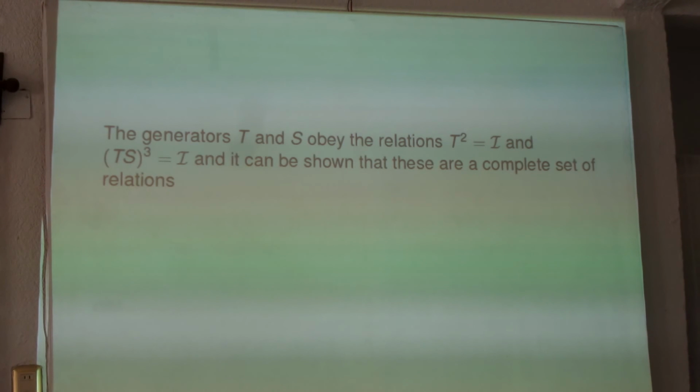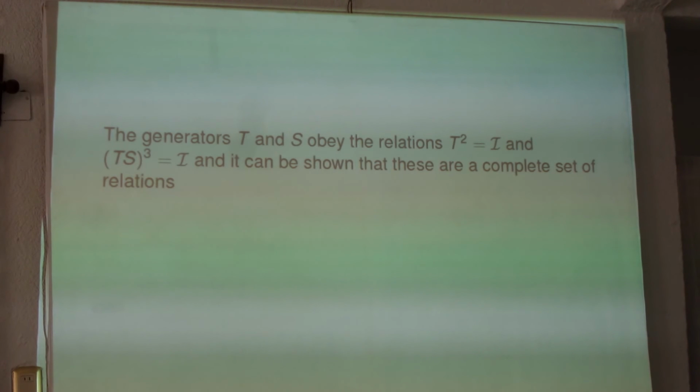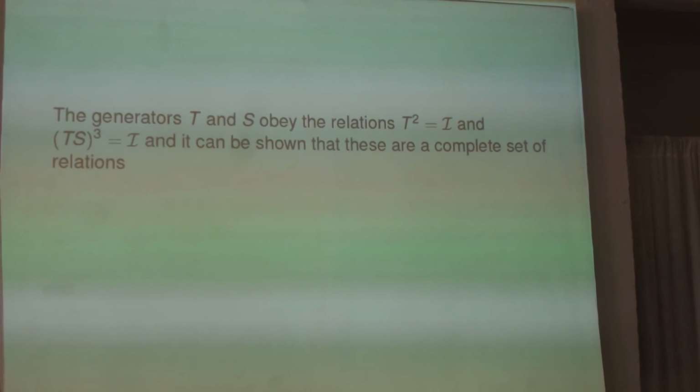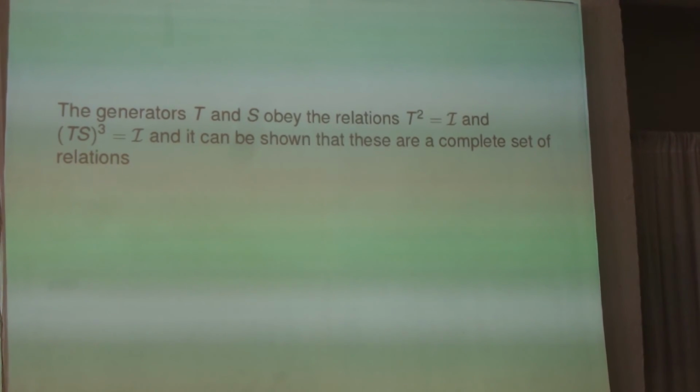Recall the fundamental group of a projective space as an example. So we have 2 generators, T and TS, the one of order 2 and the one of order 3.